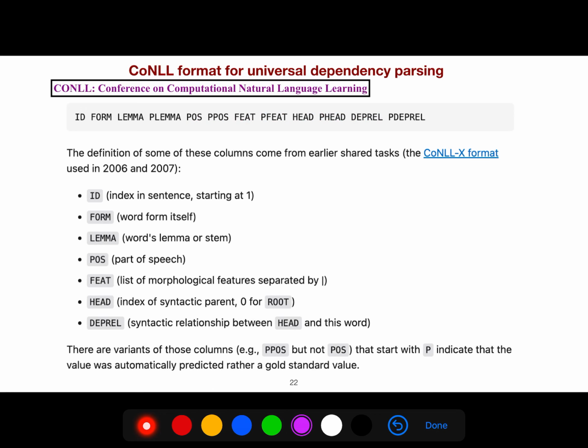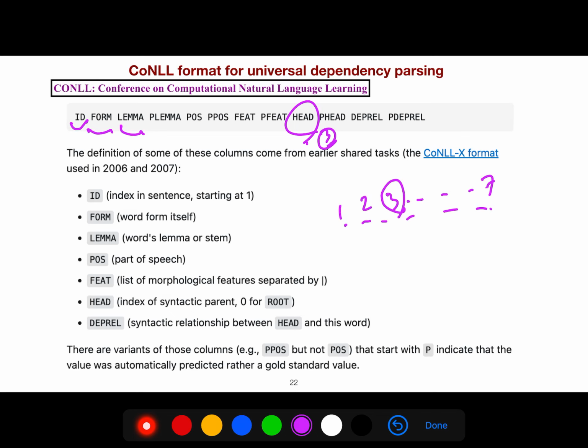By the way, the CoNLL format for universal dependency parsing is like this. We have ID, form, lemma, and here it is the head. For example, it says this word is connected to 3, where 3 is the index of the word in that sentence. For example, 1, 2, 3, if we have 7 words, if it is 3, it means that word is connected to this head.